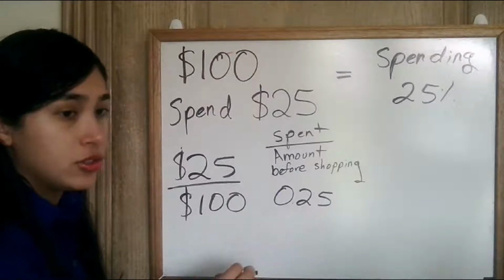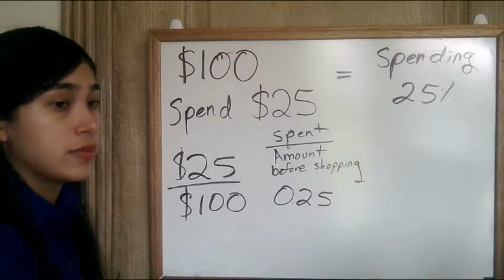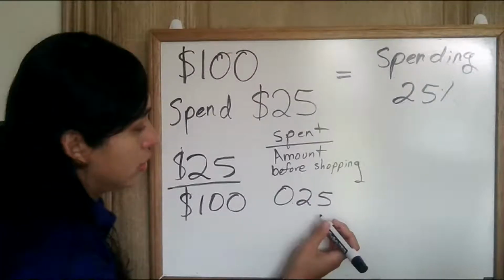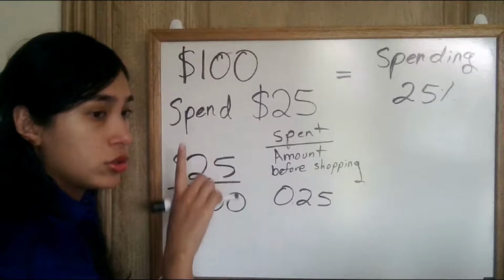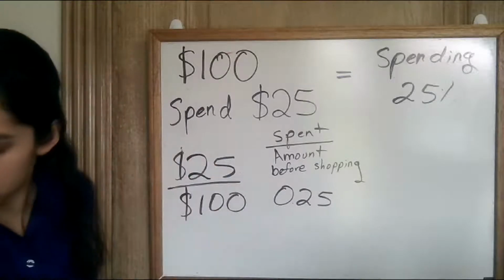Now we know that percentages, we always multiply times 100, or we move the decimal point 2 spaces to the right. Let me go ahead and use a different color.